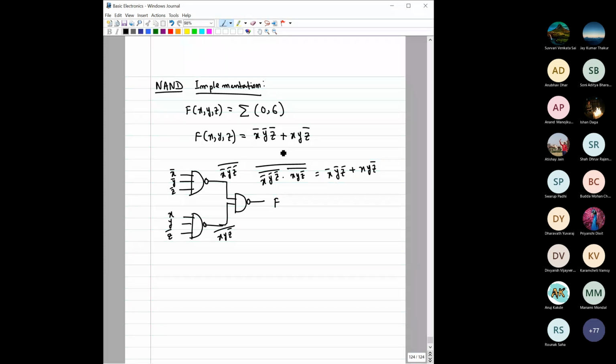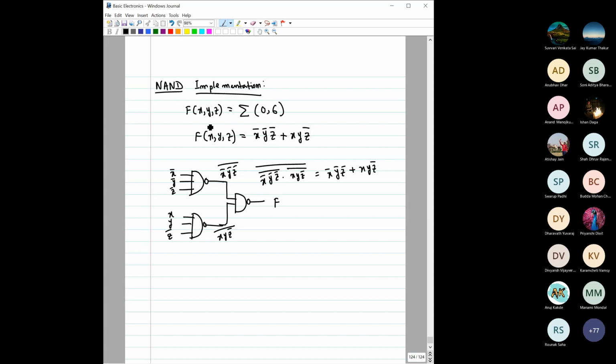So the thing is that if any function is given in this way, in a canonical form, and it is expressed in sum of product form, then you can directly use NAND gates to implement that particular function. Again, I am not saying whether you will be able to minimize it or not after minimization.